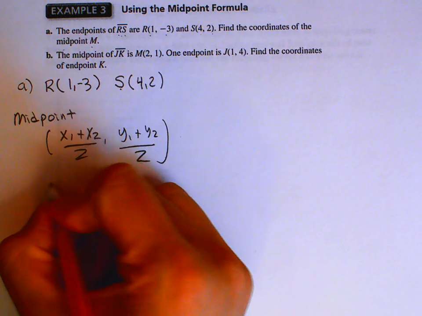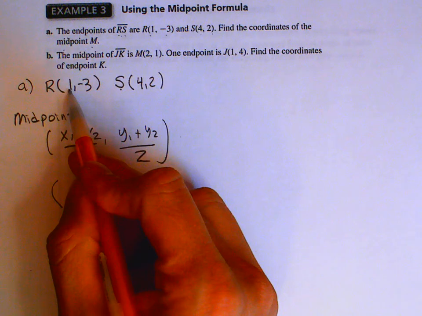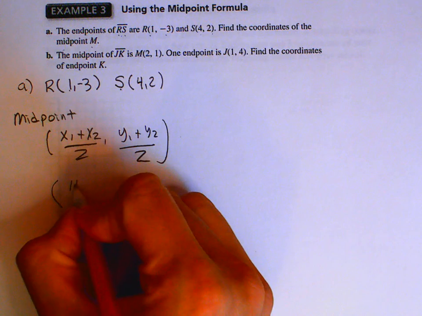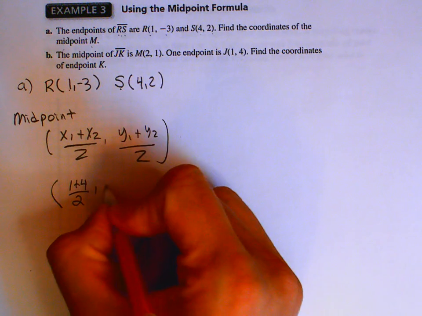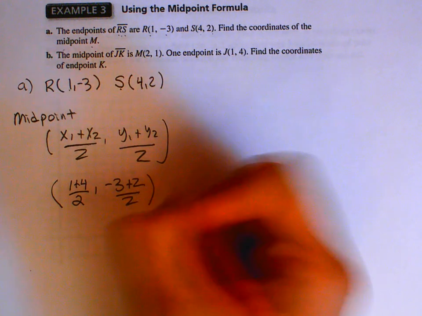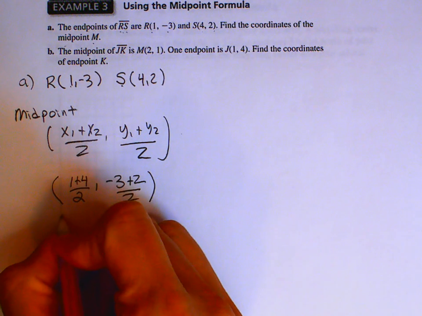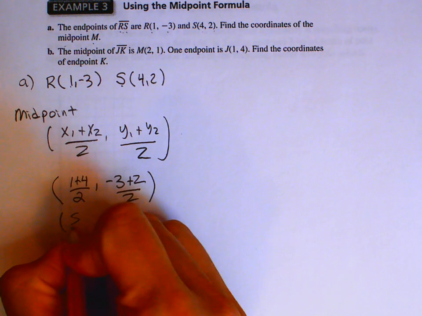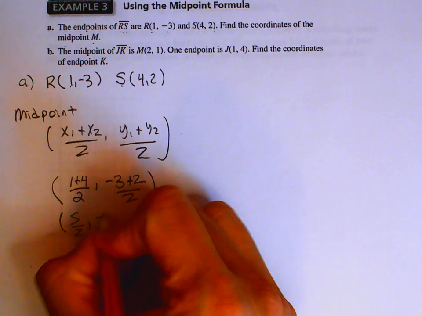So the coordinate of the midpoint is going to be the sum of the x's, that's 1 plus 4 all over 2, and -3 plus 2 all over 2. Now, when you solve for this, that's going to be 5 over 2, and this is going to be -1 over 2.